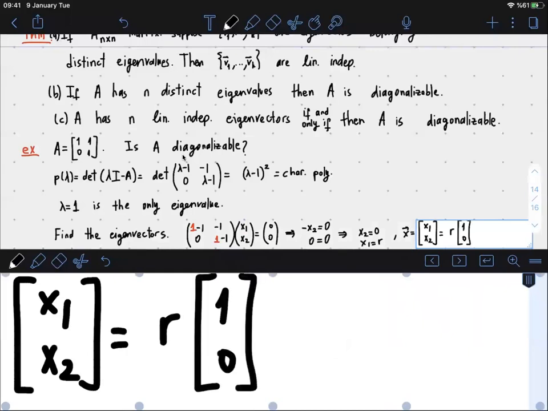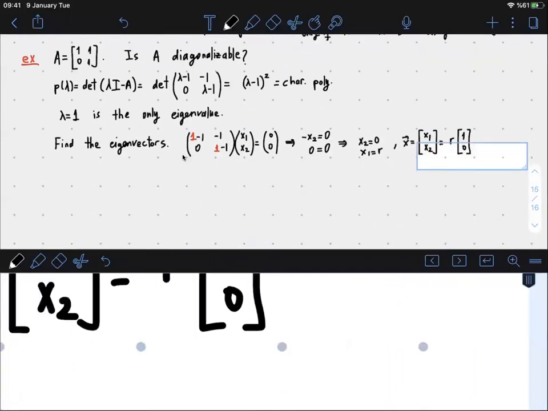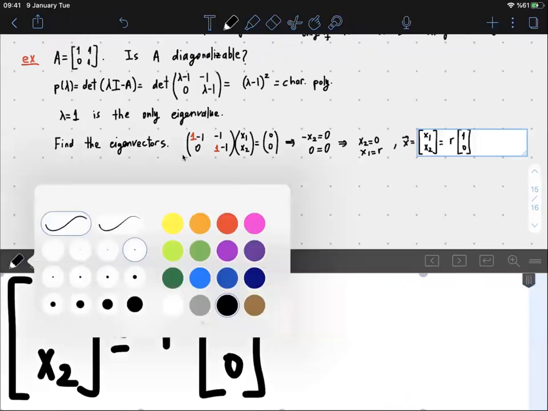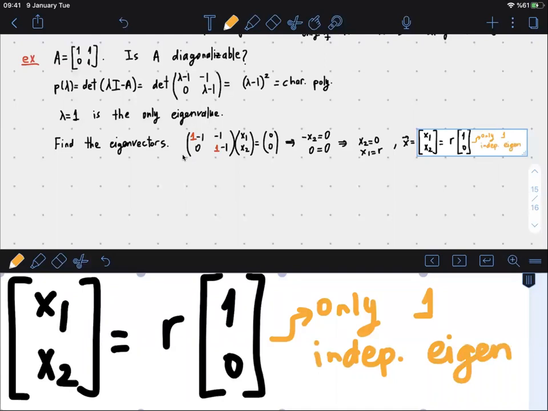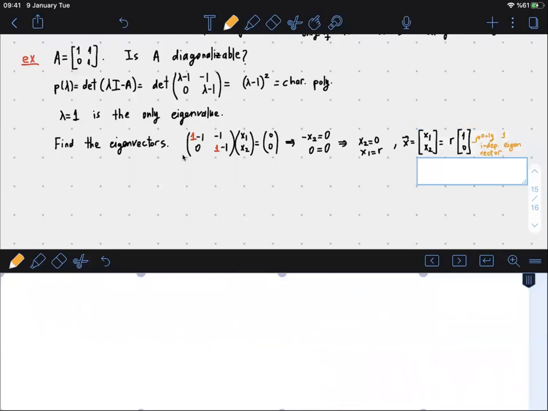At the end, what we find is that this eigenvalue has only one linearly independent eigenvector. If there is only one independent eigenvector, then this matrix is not diagonalizable. So the answer is: not diagonalizable.